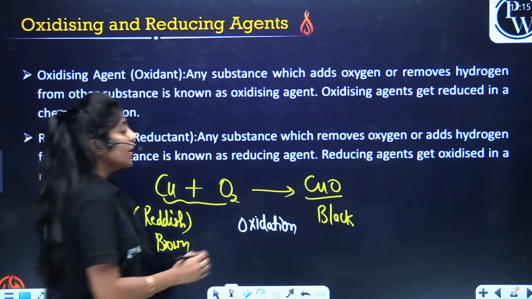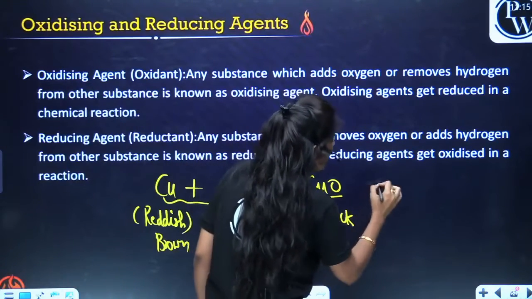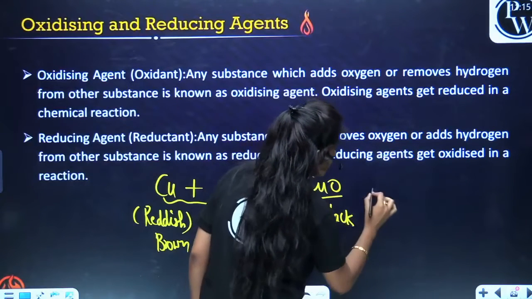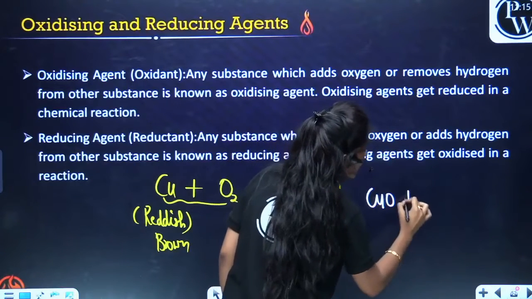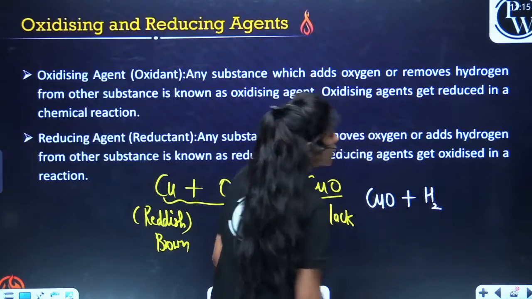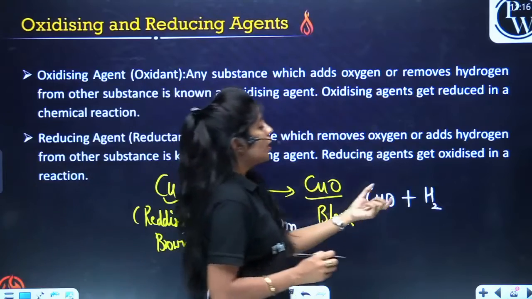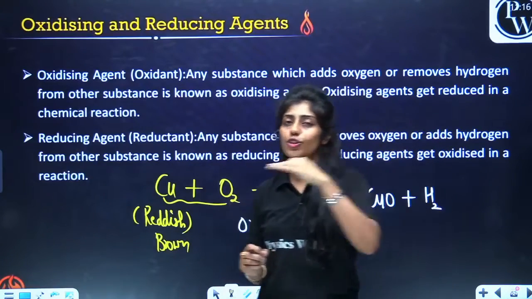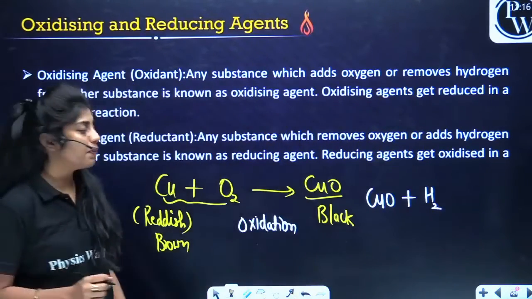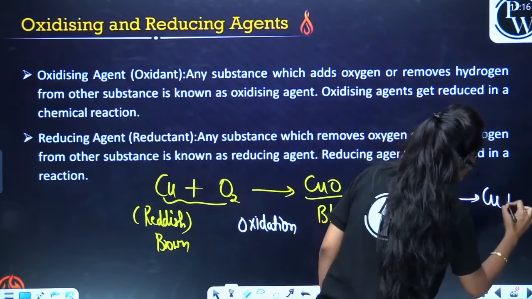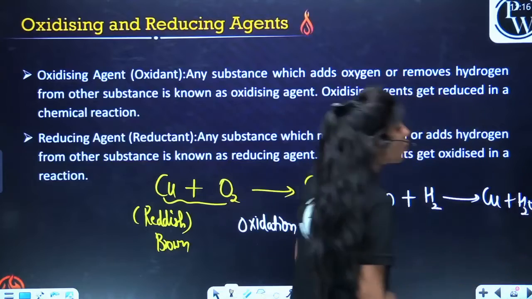Let's suppose now what happens, this copper oxide is further, okay, I am going to write one more time. Copper oxide is that black color copper oxide residue. Now the hydrogen gas is passed through this. What's gonna happen? There will be change in color one more time, formation of copper, and water will be formed.